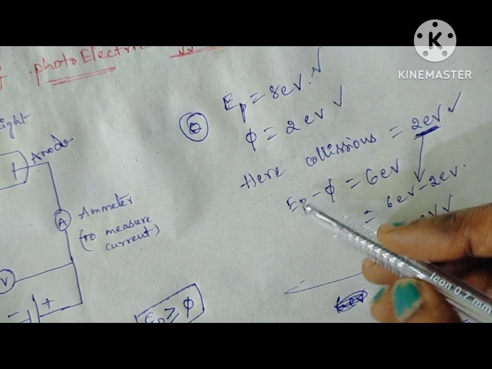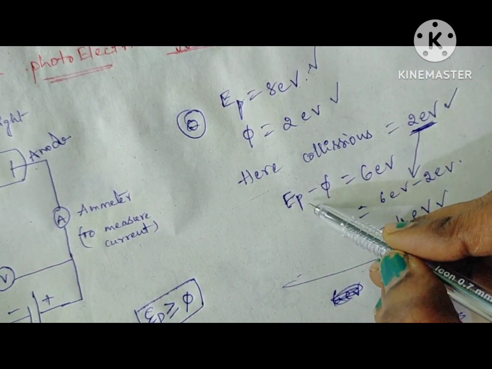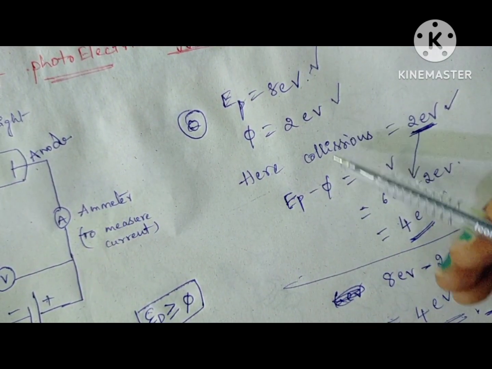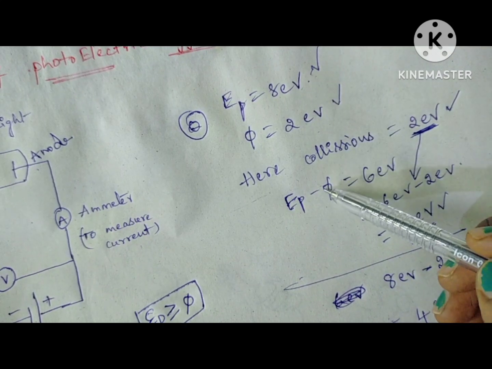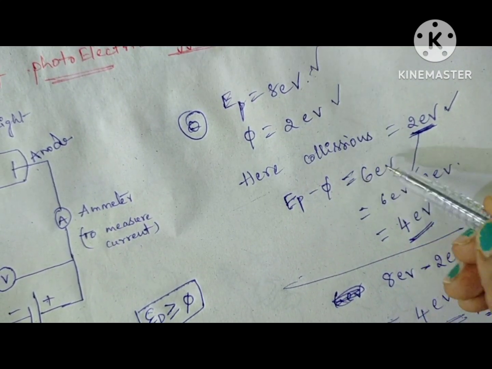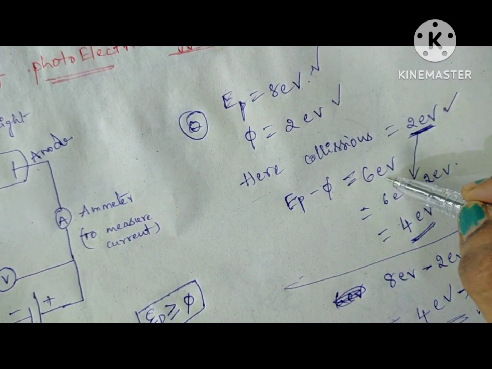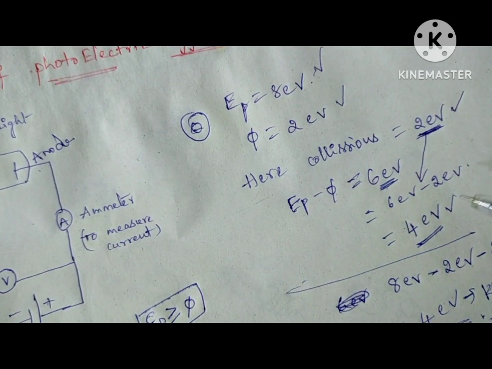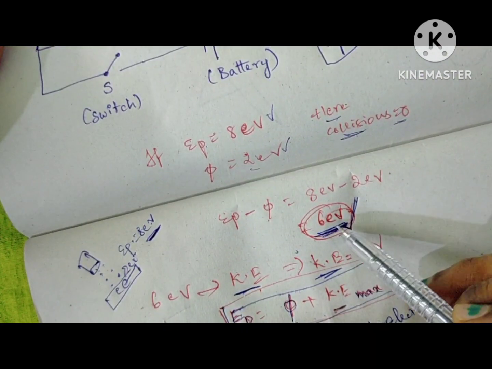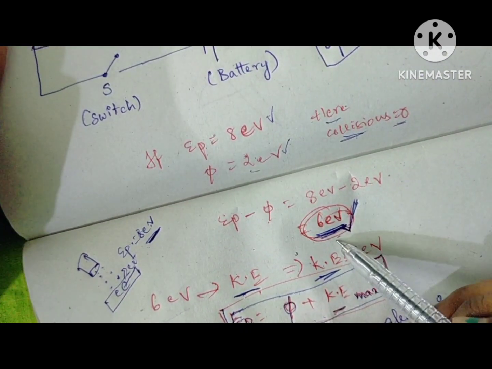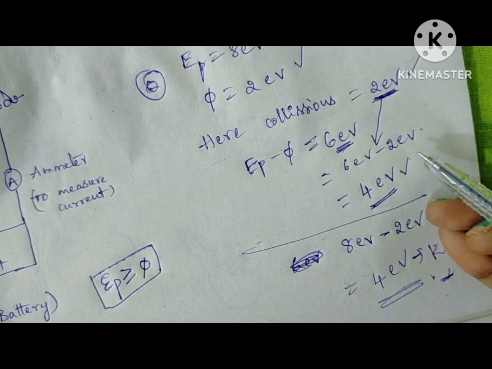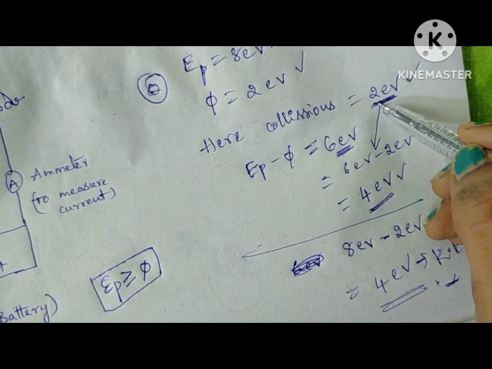So we have to write like this. So do the calculation: energy of photons minus work function. The value is 6 electron volts. In the previous problem, we already know that solution, that is 6 electron volts. But here, how to calculate? Here we have collisions.